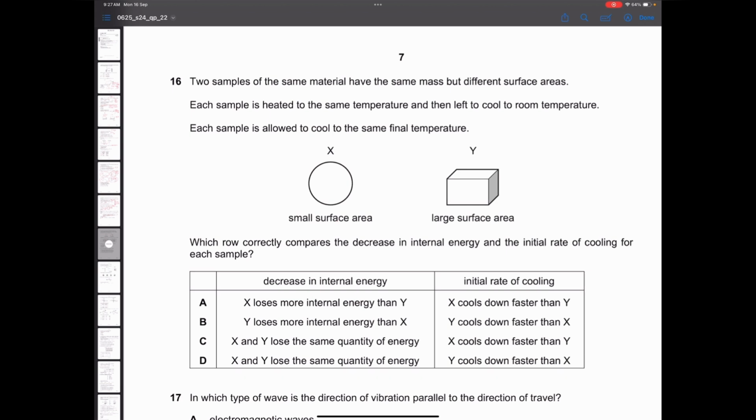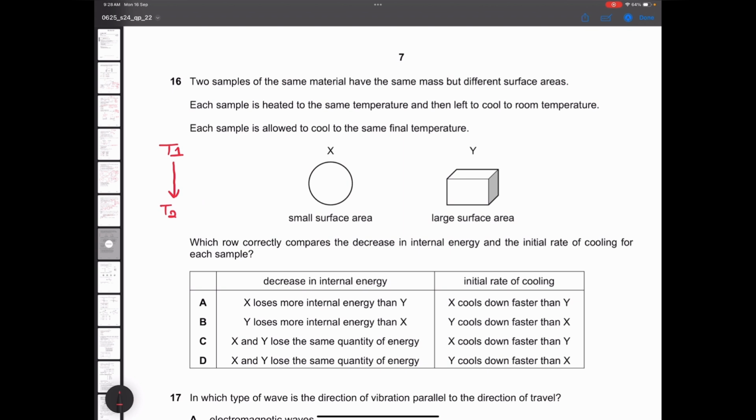In the one with larger surface area, we know that the processes take place faster. Energy transfer will be faster, but ultimately both of them are reaching the same temperature. So think about it. They were at T1, then ultimately both of them are reaching T2.